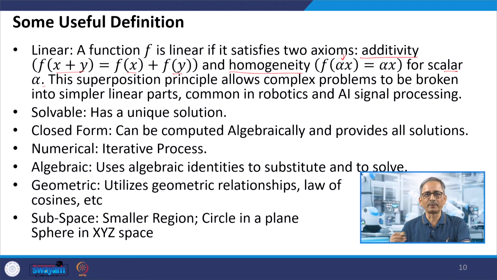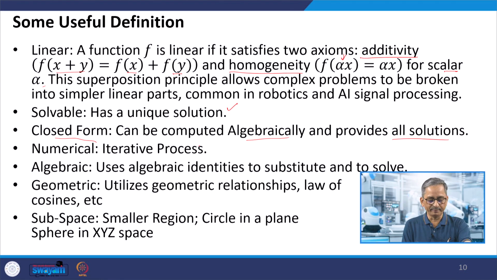So, this superposition principle allows a complex problem to be broken into simpler linear parts, which is very common in robotics, AI and signal processing. We say a manipulator is solvable if it has a unique solution. A term used is closed form, which basically means a solution can be computed algebraically and it provides all the solutions.